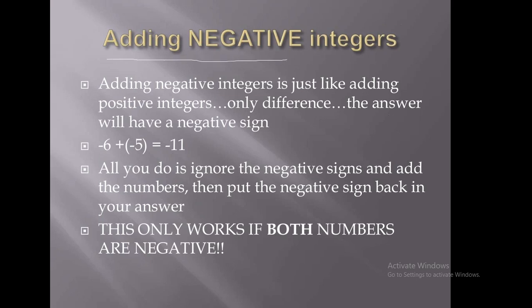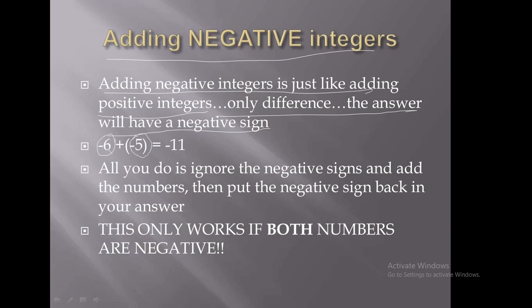How will we add negative integers? Adding negative integers is just like adding positive integers. The only difference is that the answer will have a negative sign. Here, for example, minus 6 is a negative integer. Minus 5 is also a negative integer.